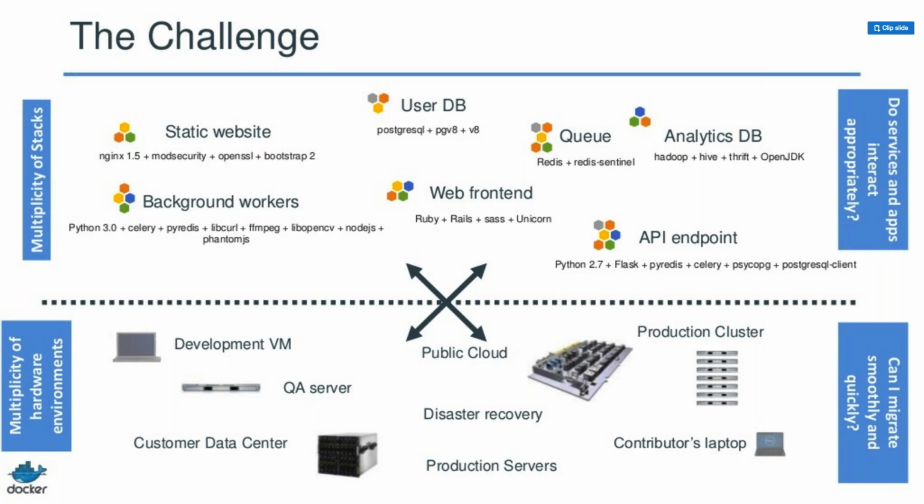So the stack itself would have to be deployed to different variations of hardware. The development virtual machine, the QA server, disaster recovery, like how are you going to store that? For production servers, the customer's data center. If you're going to ship software, not just running on the cloud, you're going to give it to somebody.